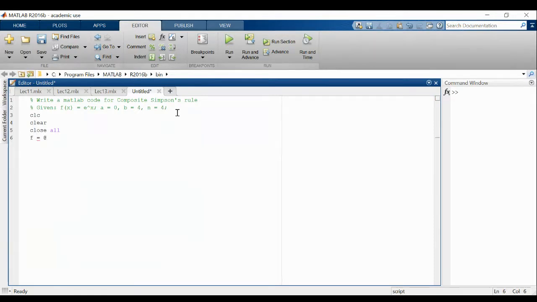F is equal to at the rate of x, and then the function exp of x. Okay, and now you will write the values a equal to 0, b equal to 4, and n equal to 4.